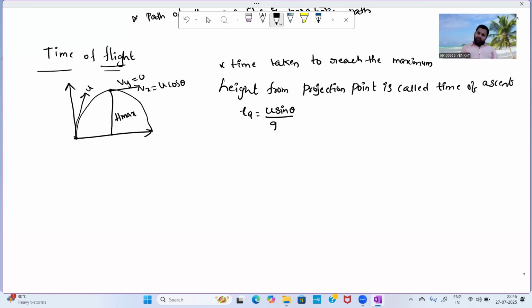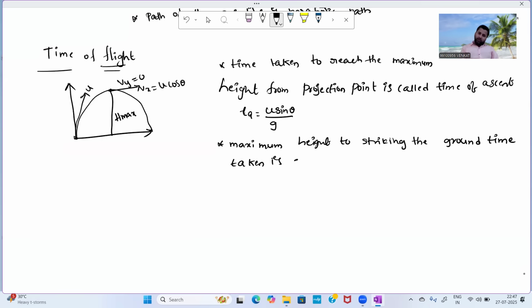Same thing here, time of descent. The time taken from maximum height to striking the ground is called time of descent.